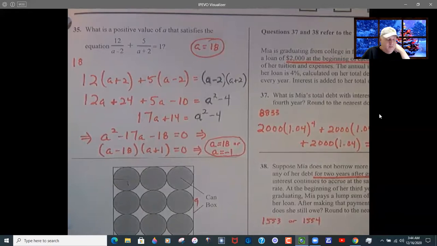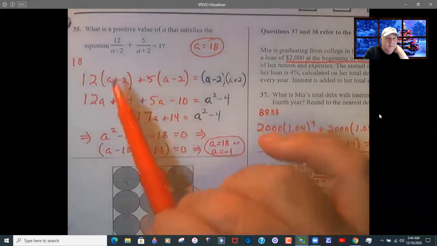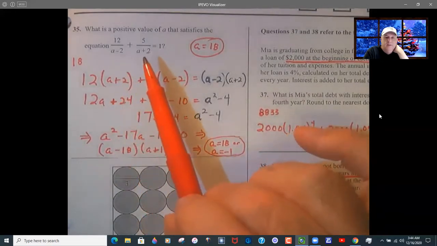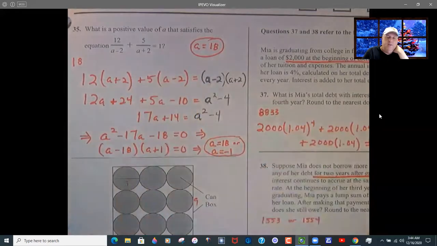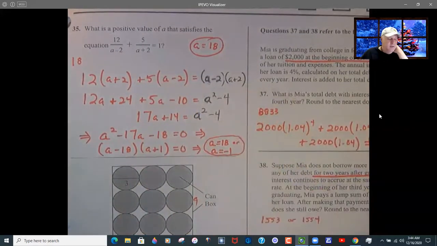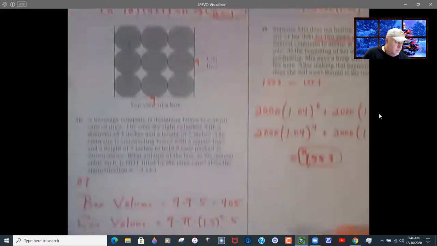It eliminates the a minus 2 over here, so you're left with just a plus 2. And it eliminates the a plus 2 here, you're left with a minus 2. And then you have it on the right side. And then you got lots of work to do. It ends up being a quadratic, and then you have to factor that quadratic or find out where it equals 0. So 18 is the one.